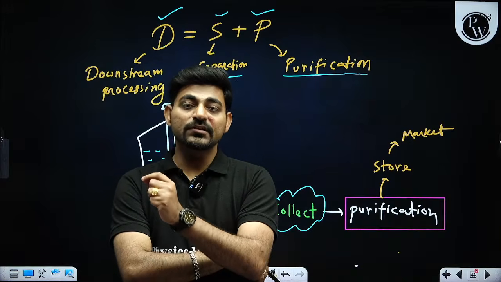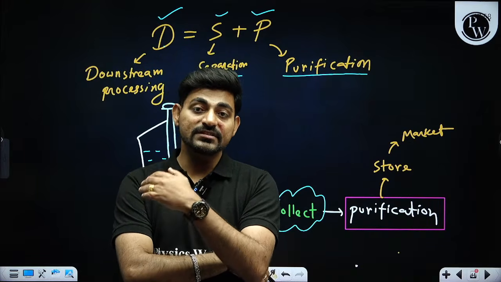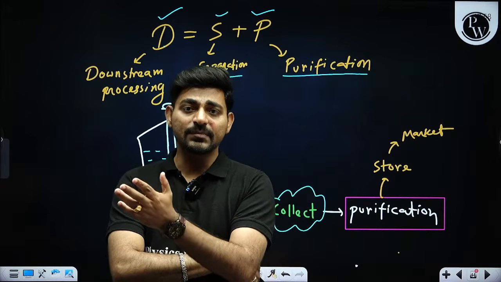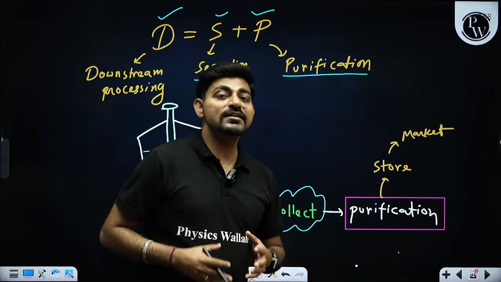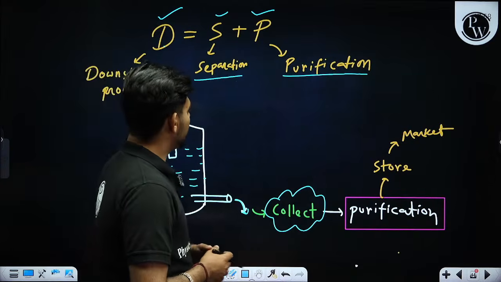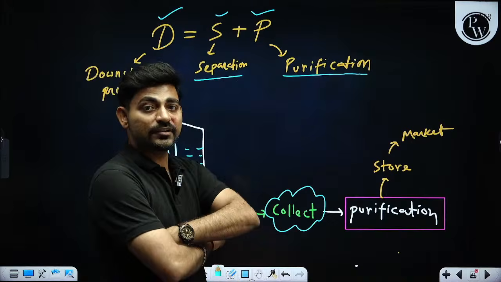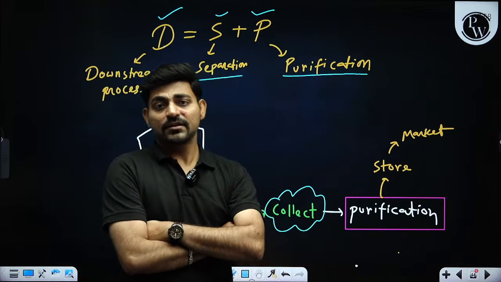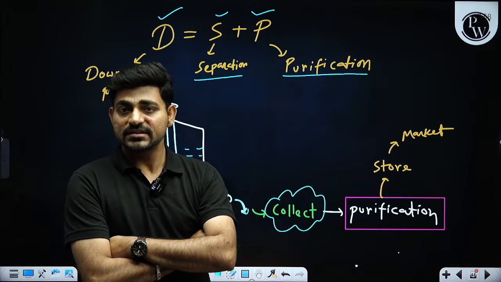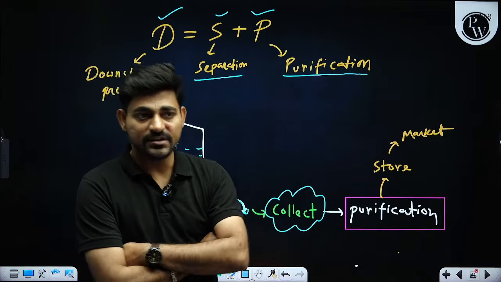The company which is selling the same 650 mg of paracetamol at a higher price has advanced technology, an advanced downstream processing technique for the separation and purification of paracetamol from their culture, while they are processing it inside their laboratory.